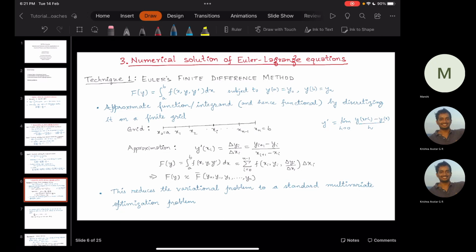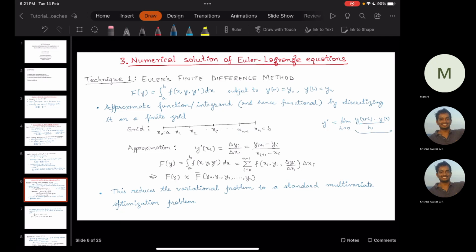So we have an infinitesimal quantity h. We take the values of this function y at two points, x plus h and x, take the difference and divide by h, and the value of this expression as h tends to 0 gives us the first derivative of y.